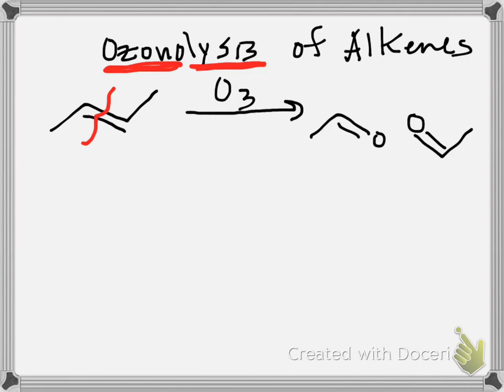Most of the time, though, organic chemists tend to be more concerned with making bonds, making carbon-carbon pi bonds, making carbon-carbon single bonds, and not breaking them. So this is a little bit of an unusual reaction. We're not going to look at the mechanism, but I do just want to show you some examples.